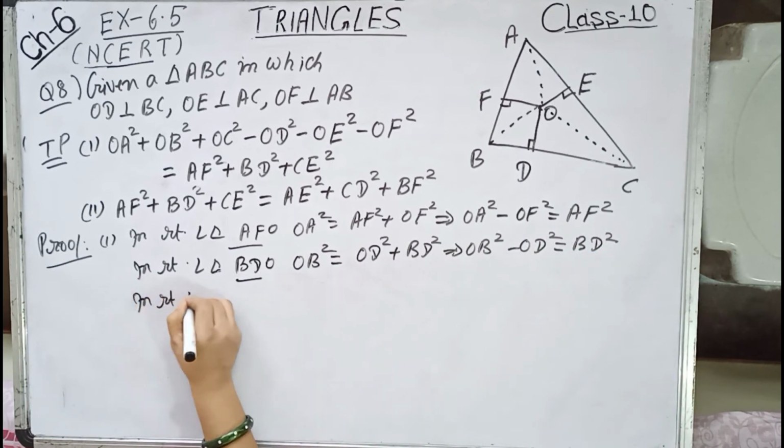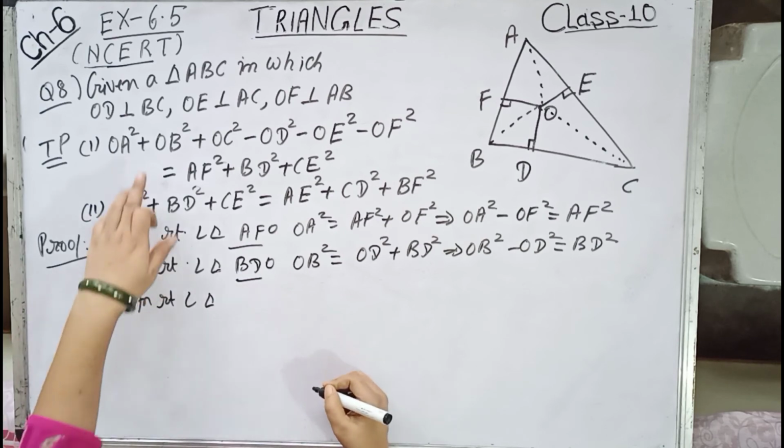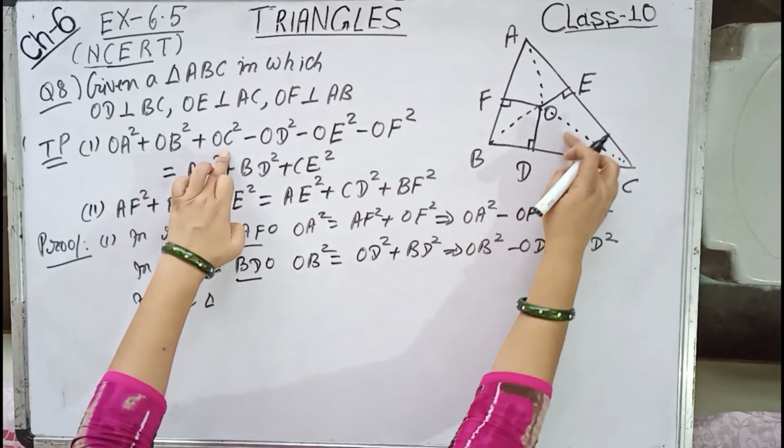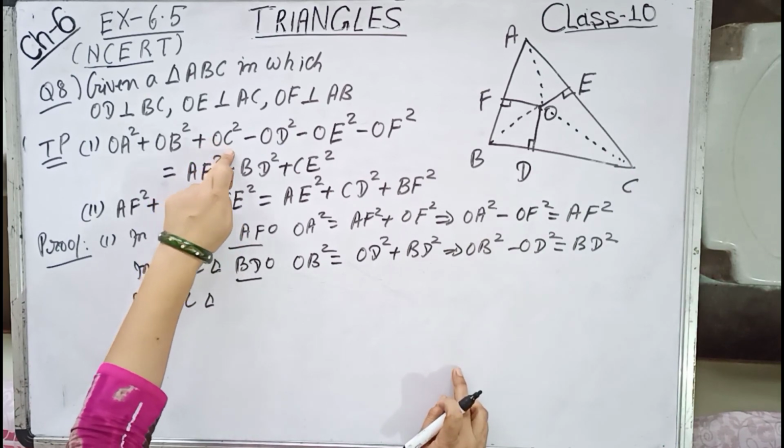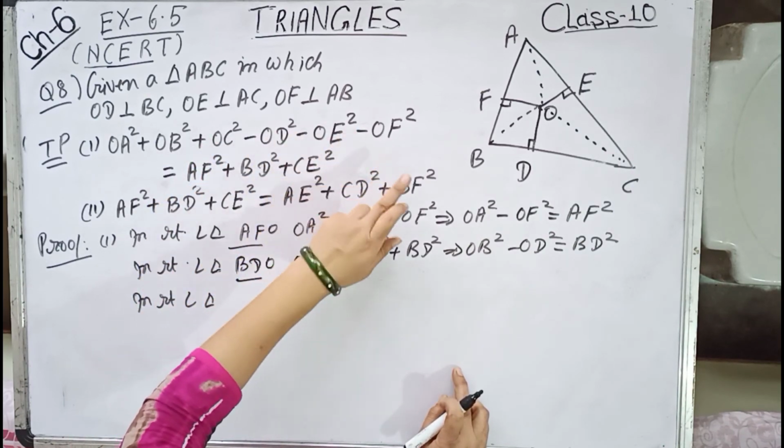In right angle triangle, now the third one is OC, which is forming a part of these two right angle triangles, but OC square minus OE square is there.